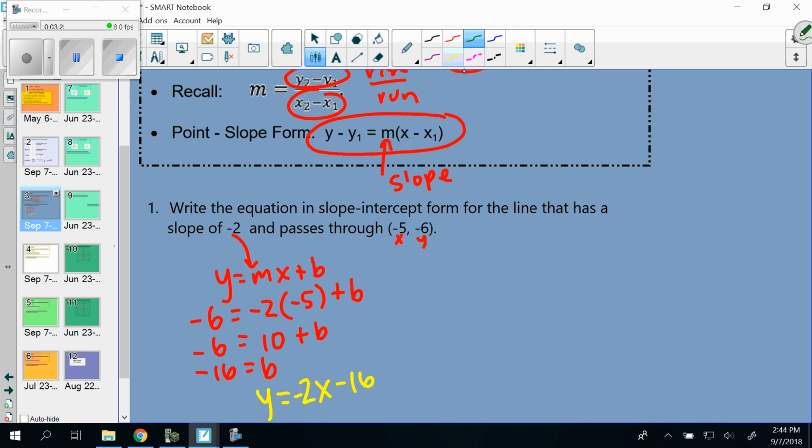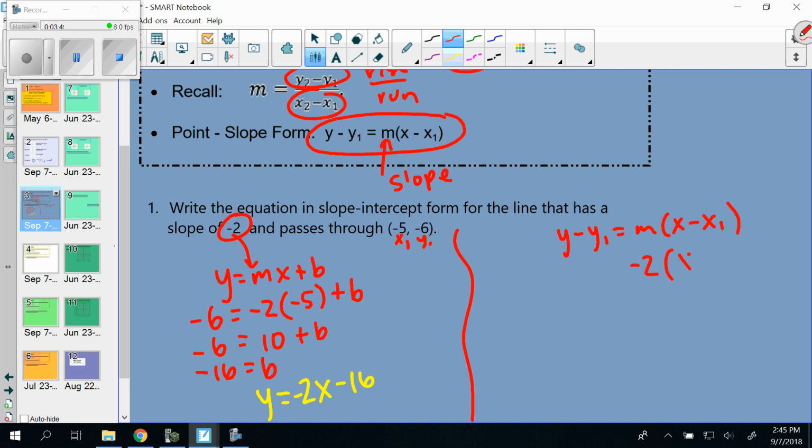The other way is with this point slope form. So when you're using point slope form, you start with the point slope equation, and again, plug in what you know. Here you still have a slope of -2, like they told us before. That's our m, and then the point is our x1, y1.